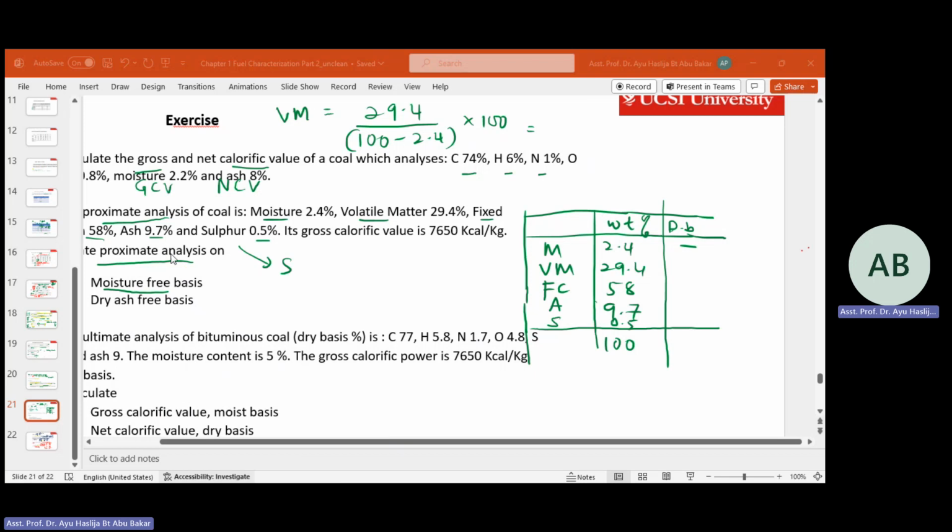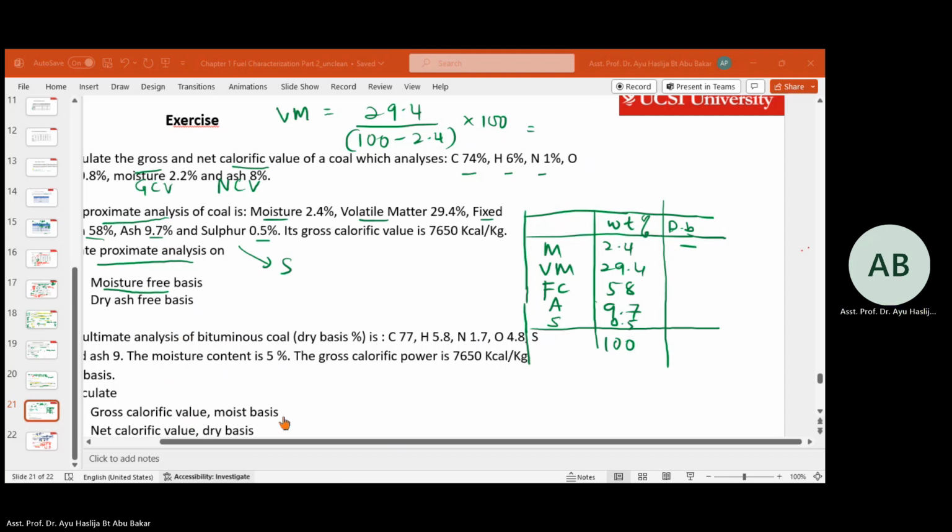Okay, that's it. Then press calculate A, put the first one, 29.4. Then to calculate the next, just press calculate. Calculate A, enter 58, then equal.